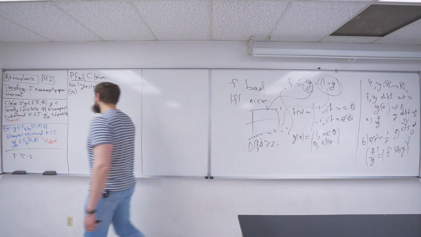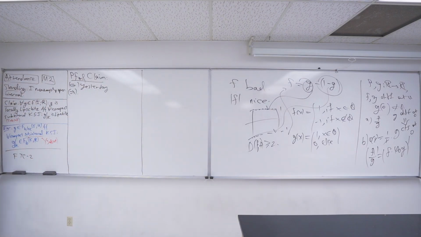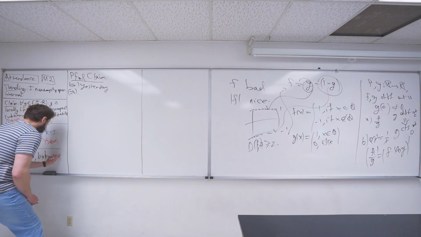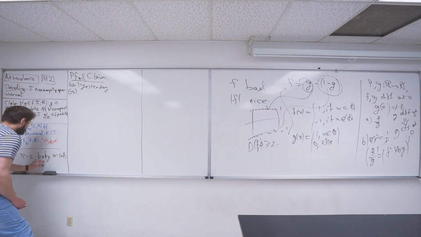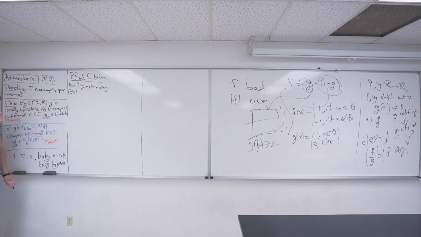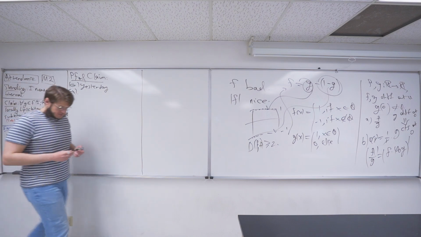There are many versions of these, but I'm going to keep it simple and give the most baby versions: baby u-sub, baby by parts. And then probably that will be it for today.